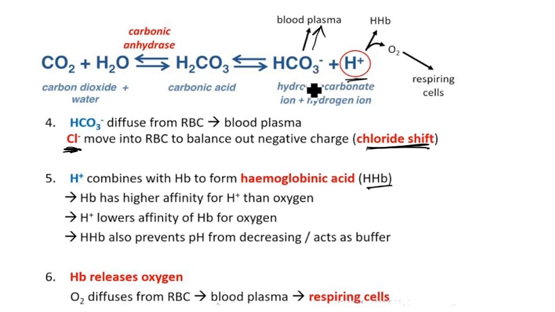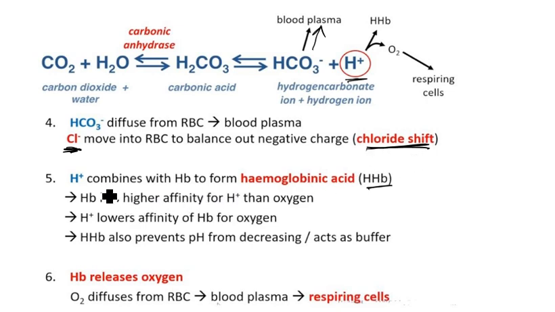When it leaves, it needs to balance up, so the chloride ion will move into the RBC to balance out the negative charge. This process is what we call the chloride shift.